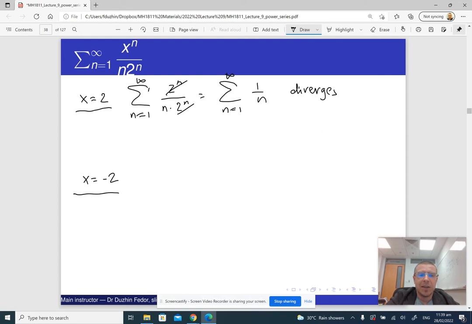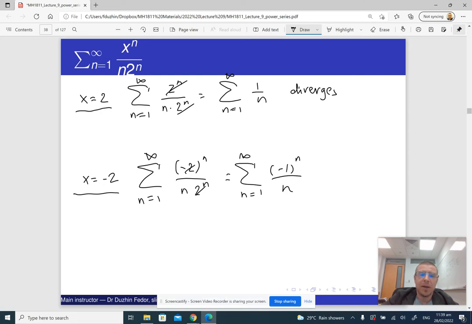Okay, so now x is negative 2. Then our series is the sum from 1 to infinity of (-2)^n divided by n times 2^n. Same thing, the 2s cancel out. So this is the sum from 1 to infinity of (-1)^n divided by n.